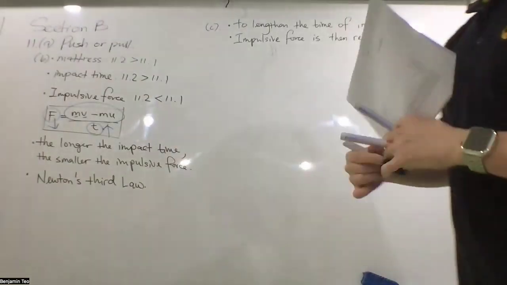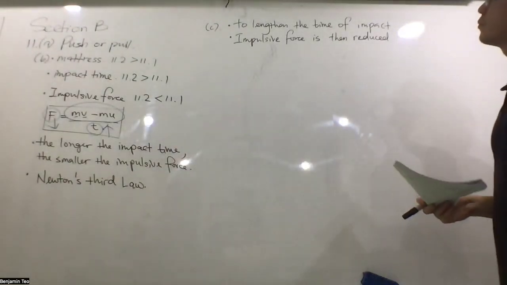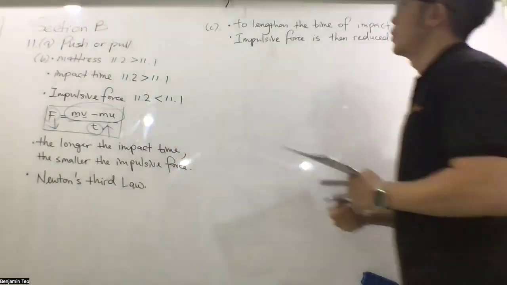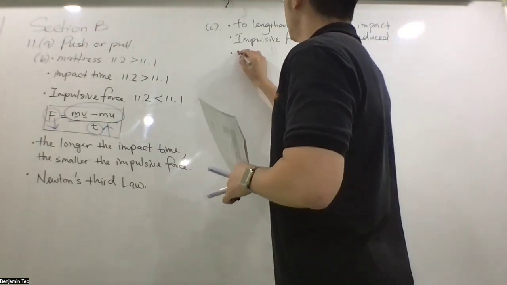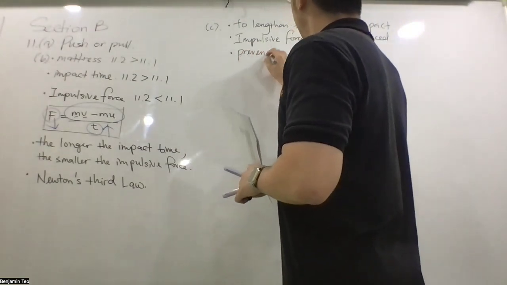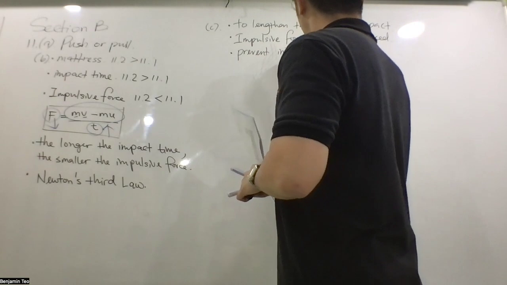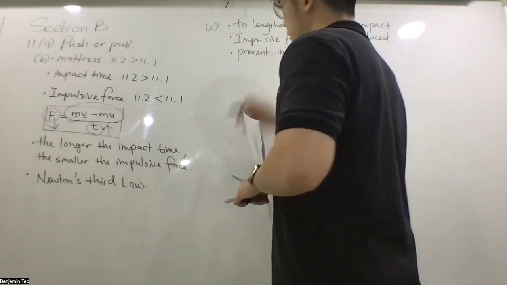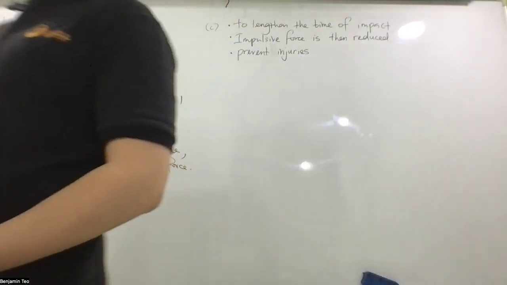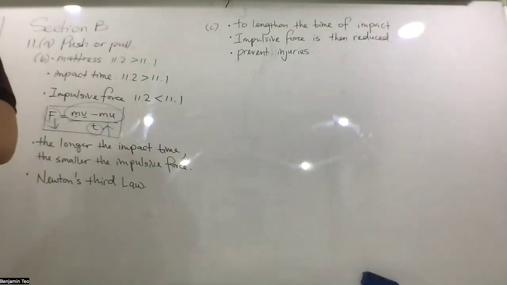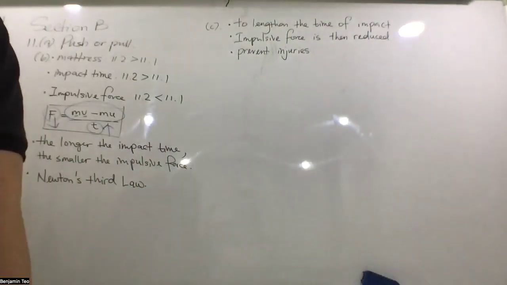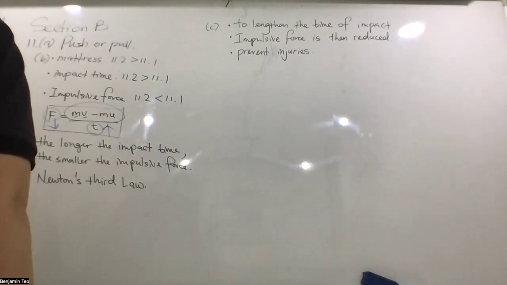Okay. Then one more mark. Prevent injuries. You have to explain also why you want to reduce impulsive force to prevent injuries.